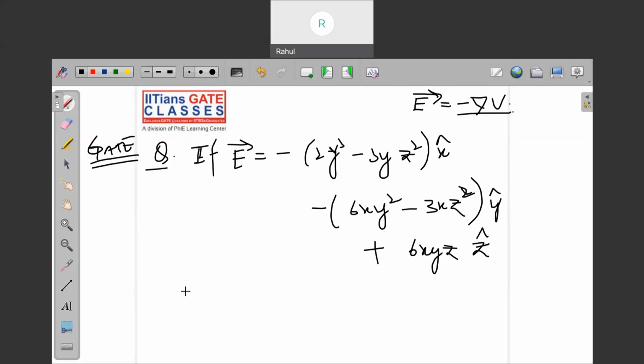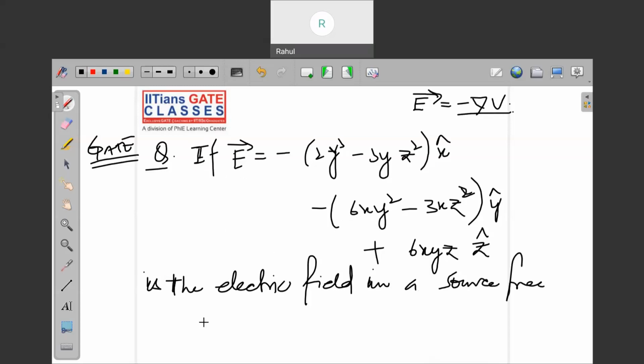So if this is the electric field given, what question they are asking is: they have told you that electric field is this in a source free region. So forget about what is source free region if you do not know, or already, this is just a revision class, so you might be familiar with source free region.